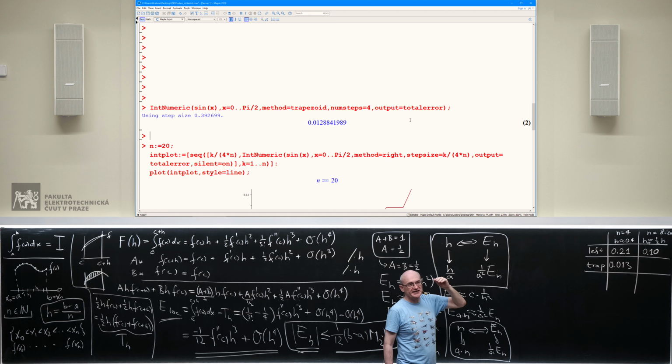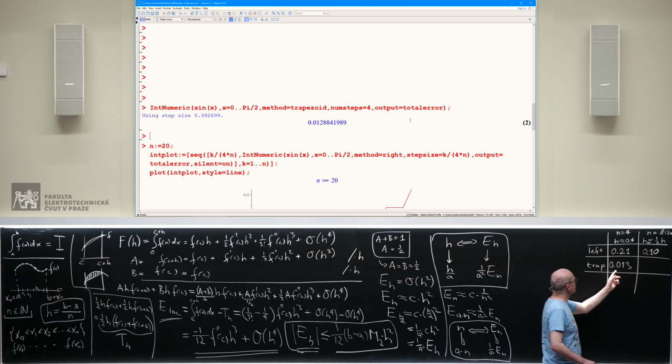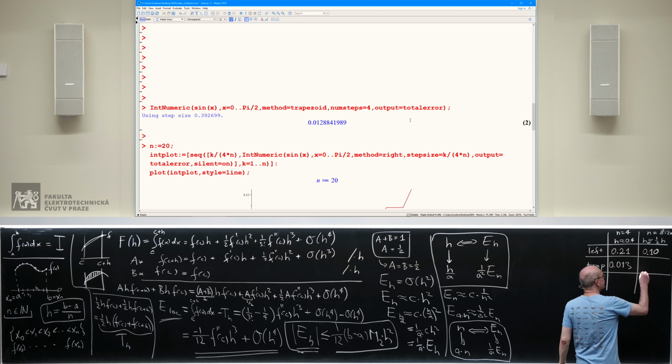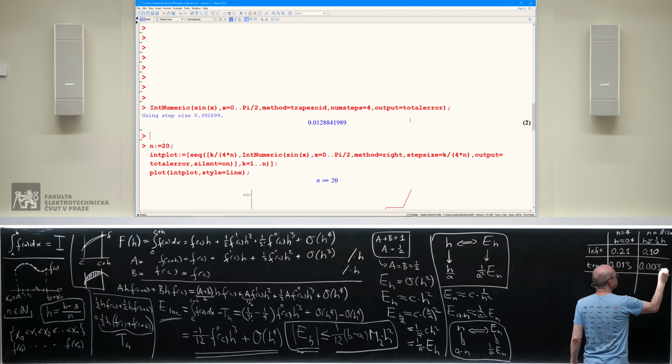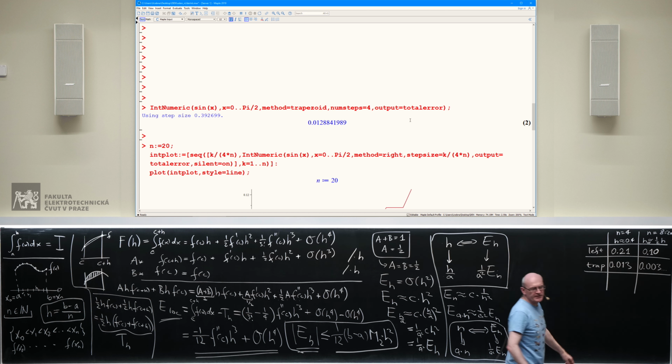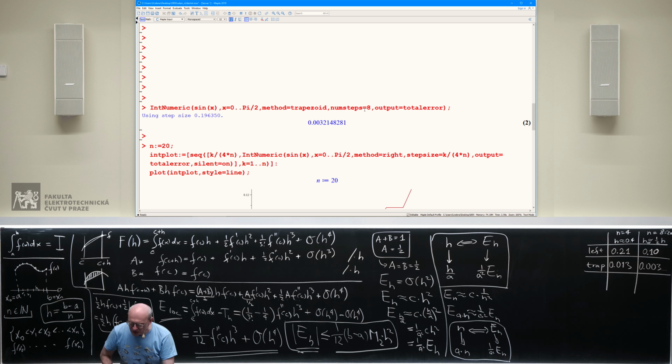So that's my estimate. That's my guess of what happens with the error in this little part of my chart. So I divide this by 4 and I get 0.003 and something. So that's my expectation. Let's see what the actual error is for partition size 8. 0.003. Yeah, exactly. See, it works nicely.